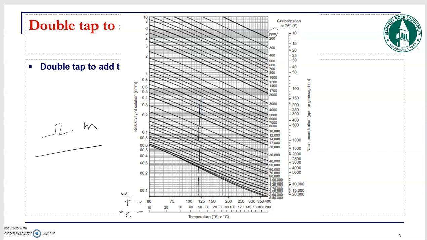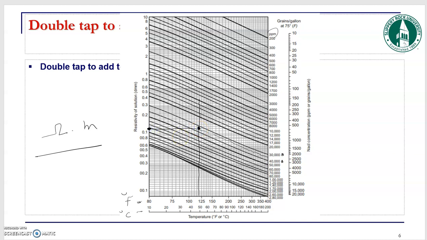And our salinity is 34,000. So look at where the 30,000 is and look at where the 40,000 is. 34,000 is probably somewhere in the middle of this, right?